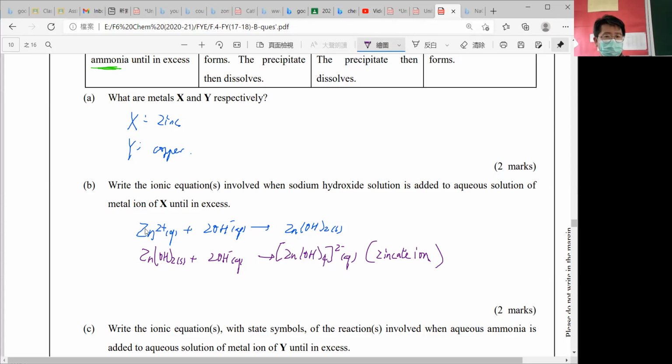Or you use the word tetrahydroxozincate, right? Whichever type, zincate ion is simply a term. Zincate.